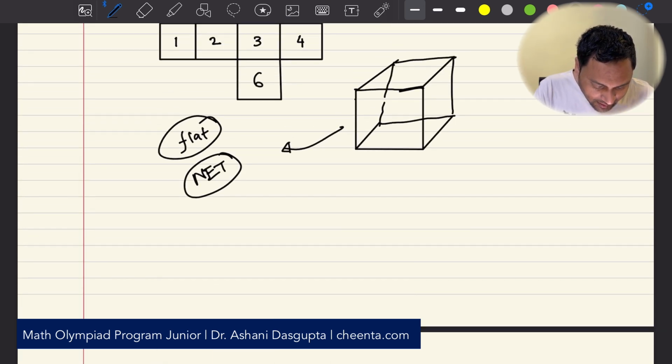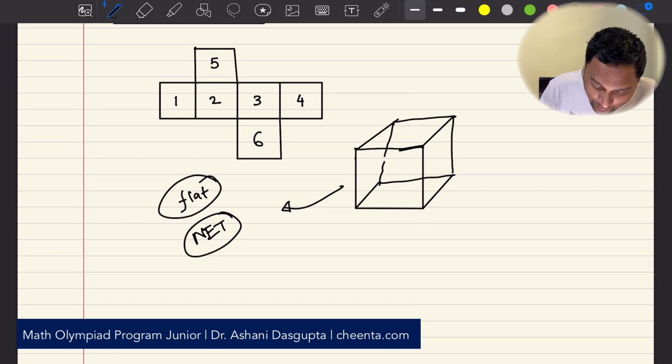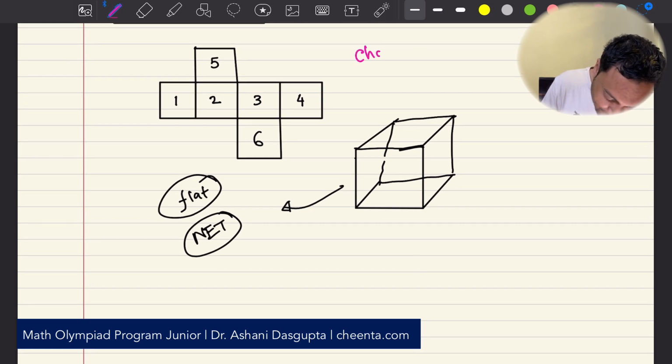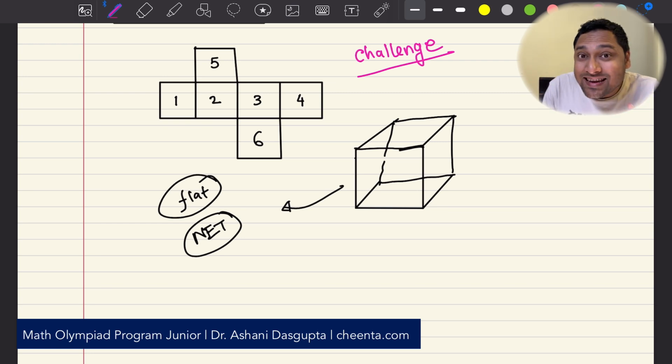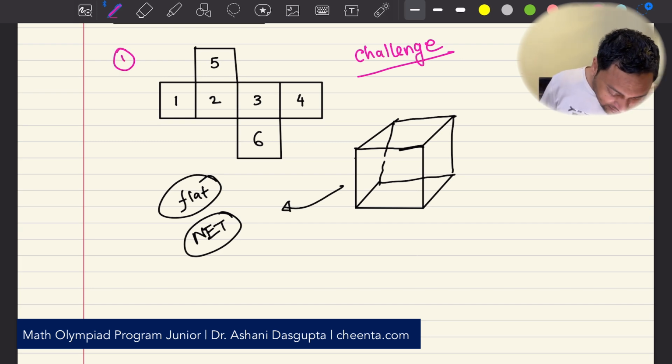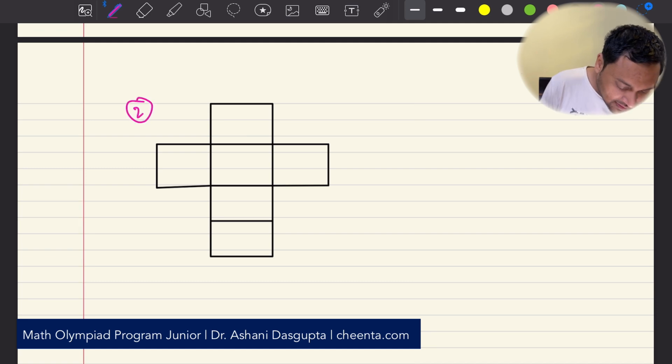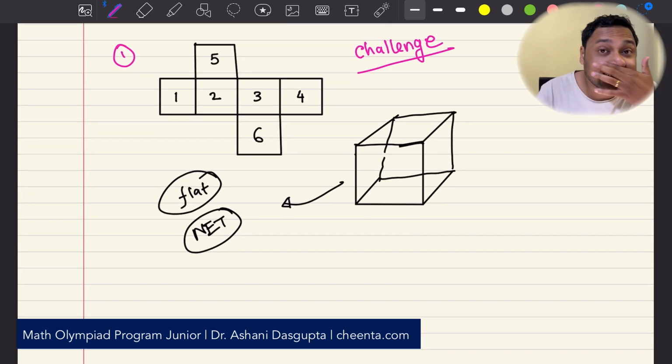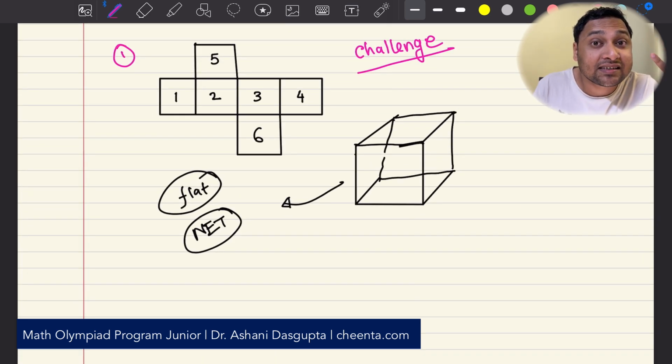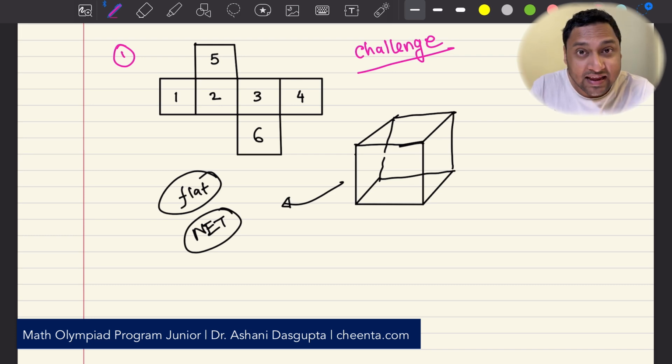Okay, so here's a challenge question. How many types of nets of a cube can we have? So I just drew 2 of them. This is 1. This is 2. Can you count and tell me how many different types of net of a cube that we can have?